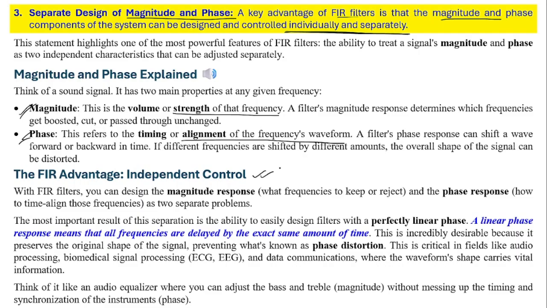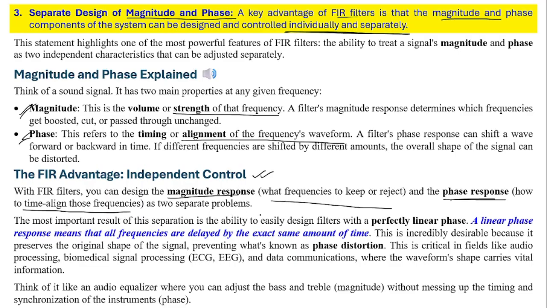I hope all of you know about magnitude and phase, right? It is a basic mathematics thing. So having this independent control, we have a magnitude response and a phase response. So what is phase response? It is how to time align the frequency components. Magnitude is what frequencies to keep or reject.